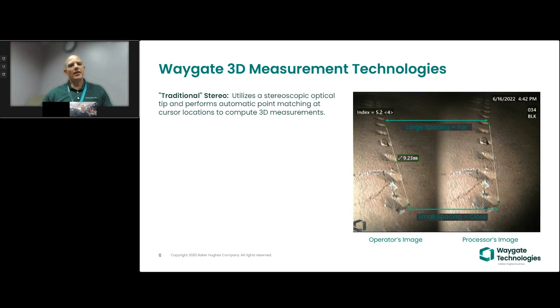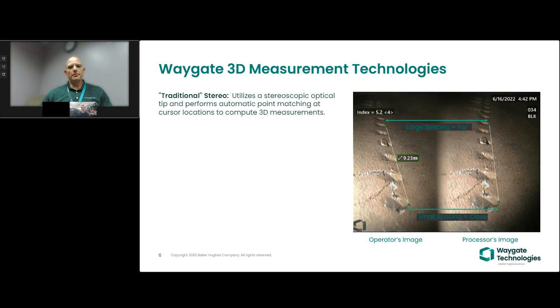So let's start by talking about some of the technologies related to those 3D optical tips. The first is traditional stereo, or simply stereo, which we've had available on our product since about 2002. It utilizes a stereoscopic optical tip that provides left and right views that are overlapping.